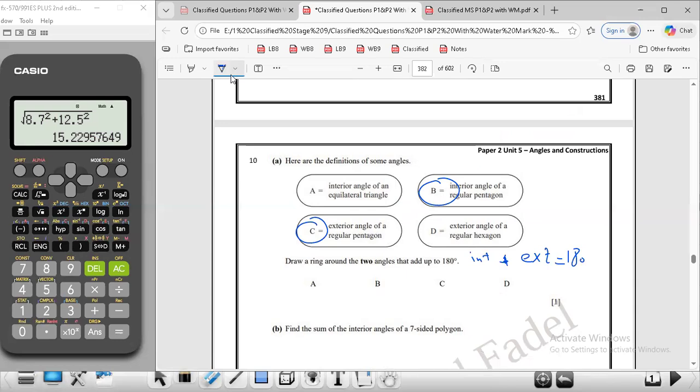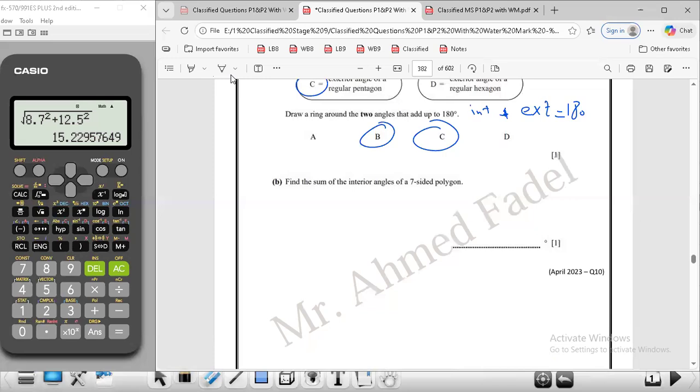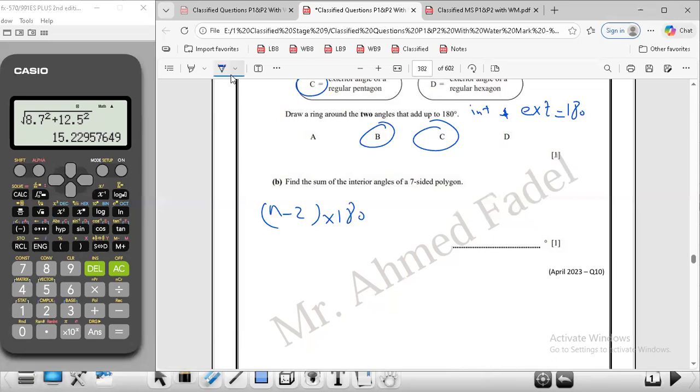So it is B and C. Find the sum of the interior angles of a seven-sided polygon: n minus 2 times 180. This would give me the sum of the interior angles. But 7 sides, mister, you have 7 minus 2, which is 5, times 180, which is going to give you exactly 900 degrees. So 900 degrees.